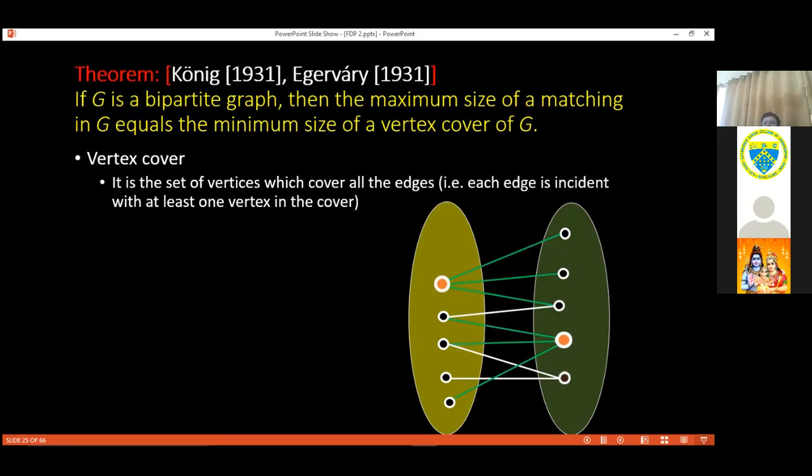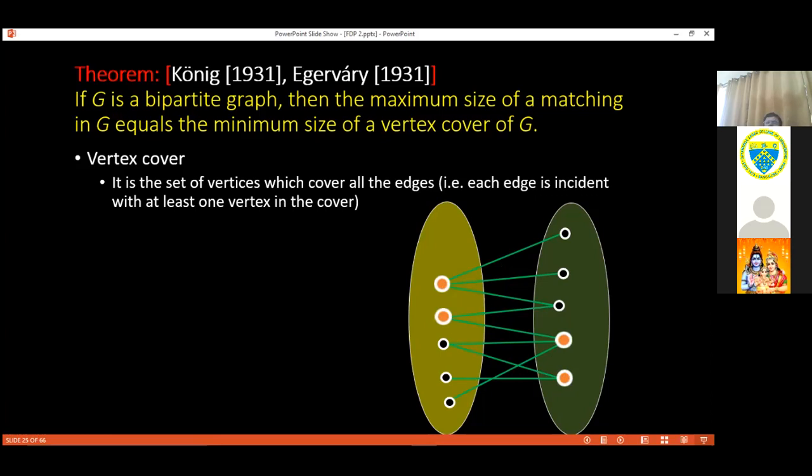I choose one more vertex now. With these two vertices chosen, still I have one more uncovered edge. For that edge, I have to choose one more vertex. I have now chosen 4 vertices to cover all the edges. So my vertex cover contains these 4 vertices.